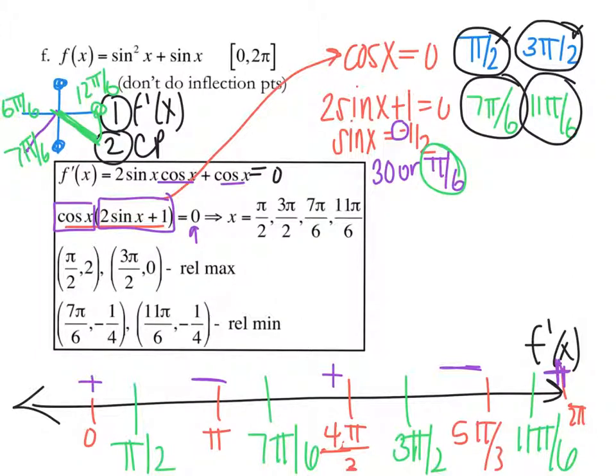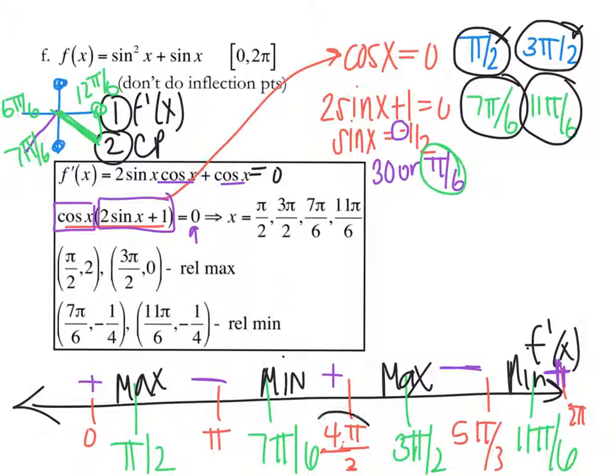And then I tested it in the derivative or in the simplified version of the derivative, either or. It's going to get you the same thing. So I've got increasing, decreasing, increasing, decreasing, increasing. So I have an increasing to decreasing. I have a max here, a min, a max, and a min.